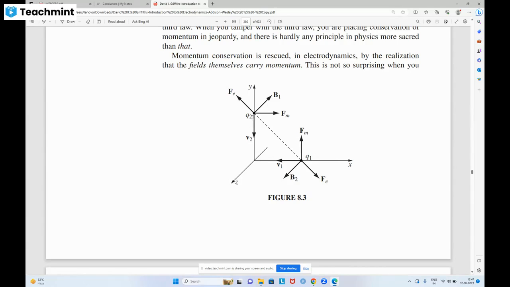And here we see the relationship between the direction of B, FM and FE, and similarly on charge Q1, V2, FE, FM will work according to some rule. Do you remember that?